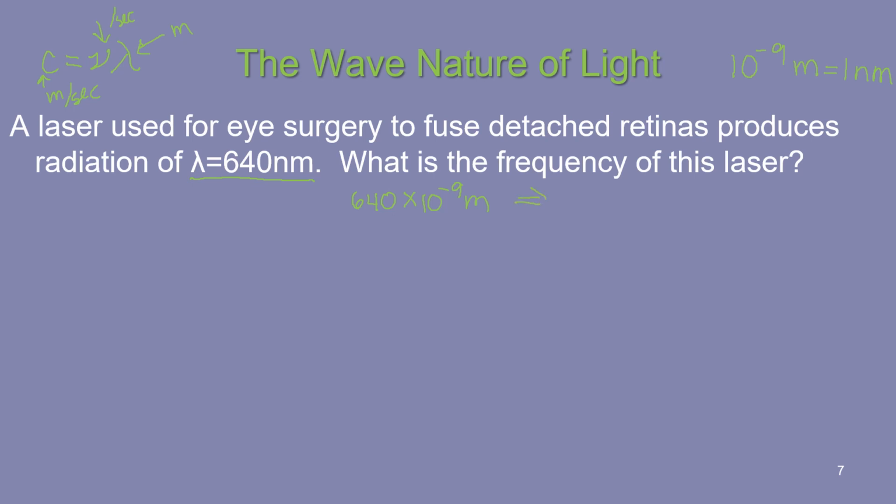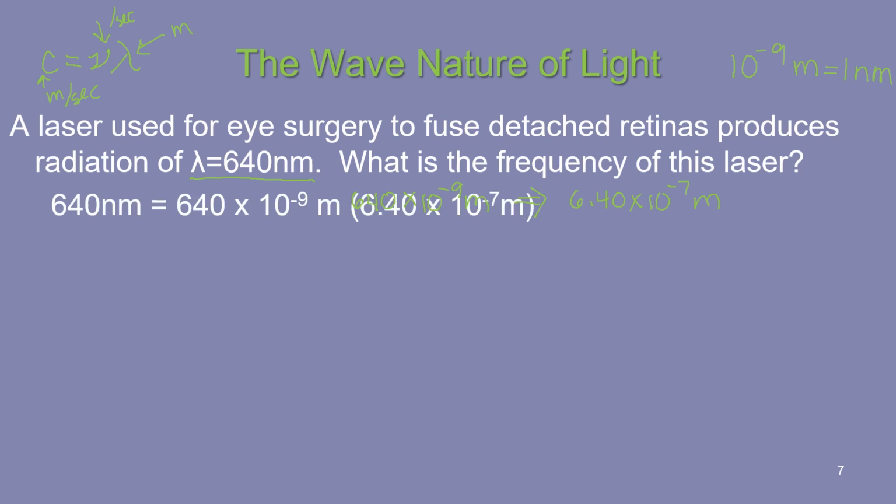In correct scientific notation, it would be 6.4 times 10 to the minus 7th meters. However, because we're using it in an equation, it doesn't matter which one you use. They're both the same number. This one's technically not correct scientific notation, but it's probably the easiest one to use because we can remember the nanometers.